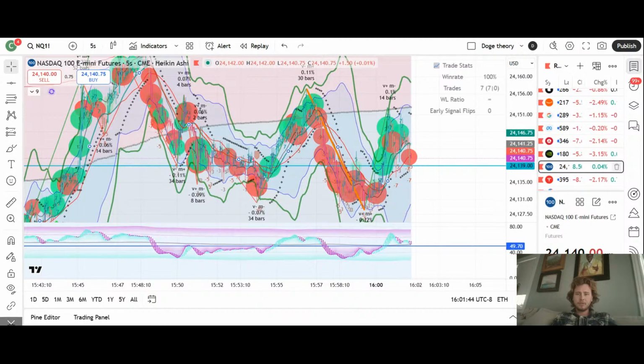$28 still to mark. If it breaches 28, I'm out. Come on, please don't. There's a reversal. $28 was breached.